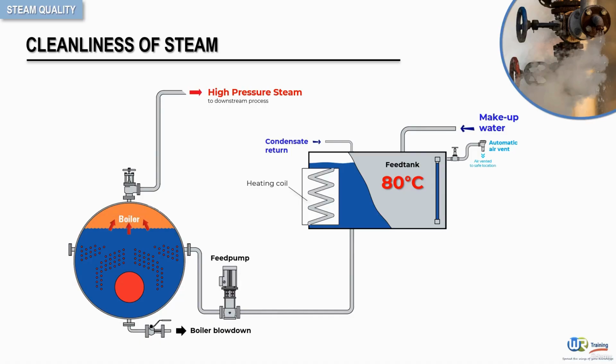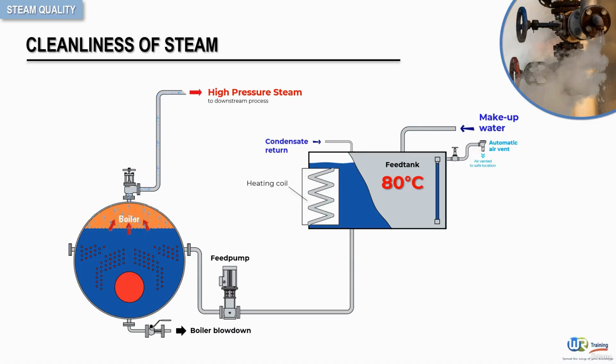Okay, now keep in mind a layer of scale may also be present on the heat transfer surface, acting as an additional barrier to heat transfer. Layers of scale are often a result of either incorrect boiler operation, causing impurities to be carried over from the boiler in water droplets, as seen here, or incorrect water treatment in the boiler house.